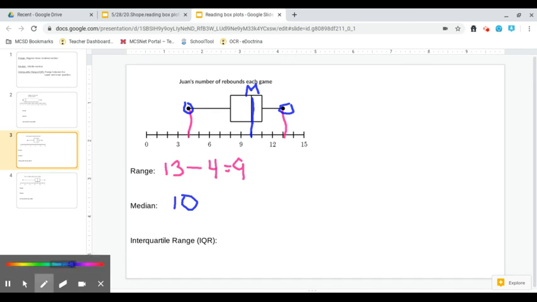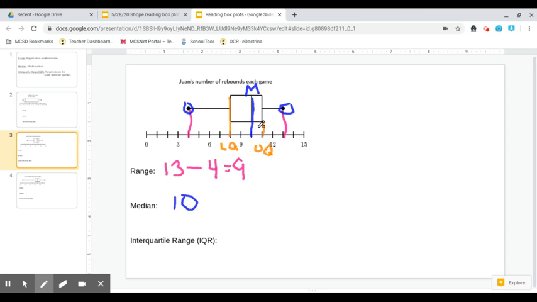Okay, now we have to find your interquartile range. This is your lower quartile, which is 8, and this is your upper quartile. Get all this labeled right in there for you.